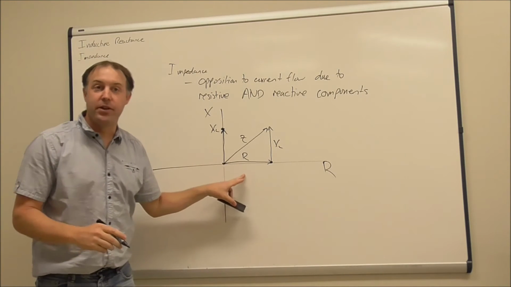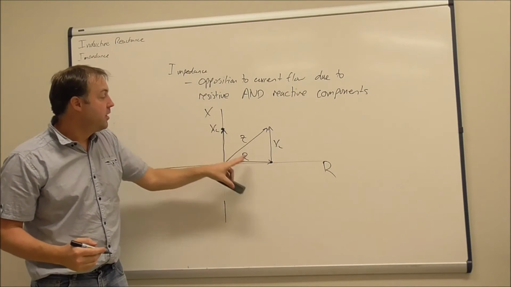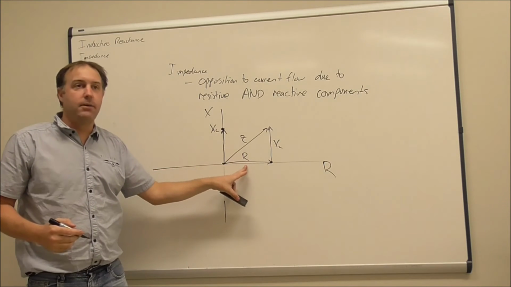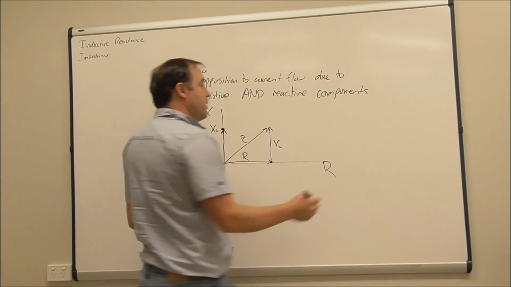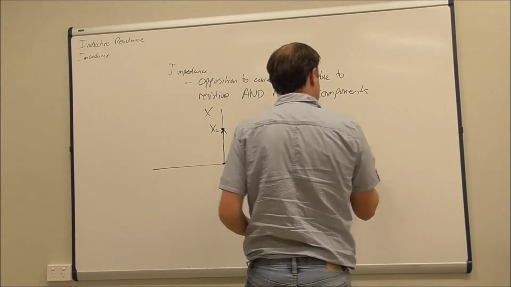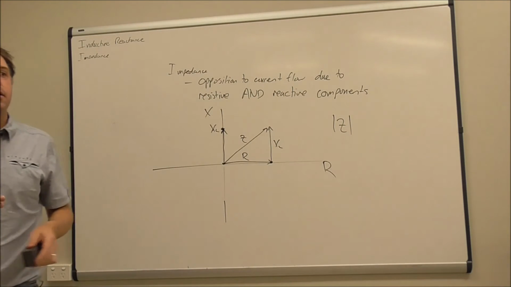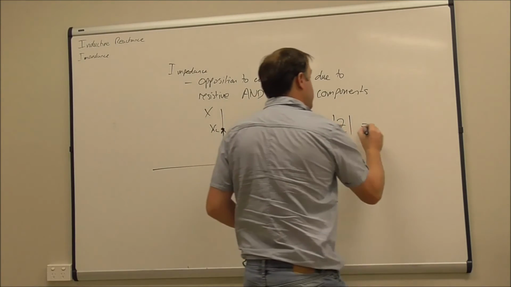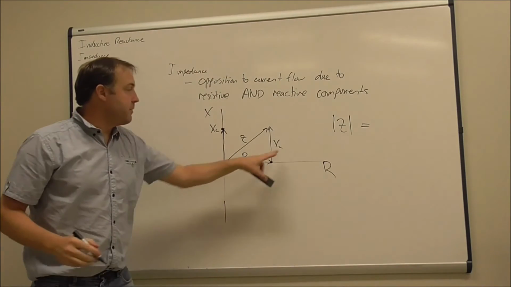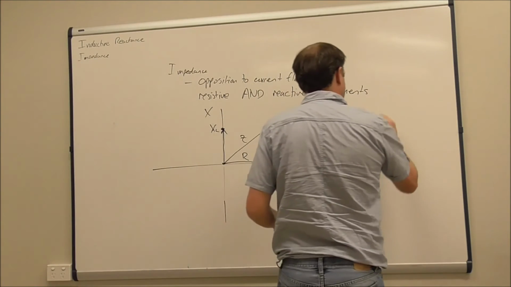Okay, so we could use Pythagoras to calculate the length of this hypotenuse, where that side is length R, whatever R is, and that side is length X, whatever X is. Okay, and so Z, and I'm going to say magnitude, so just put two lines there to indicate that I'm just talking about how big it is, is equal to the sum of the squares of the two sides, isn't it?